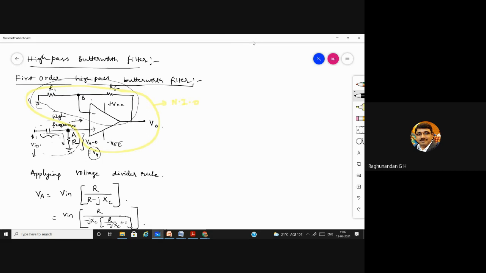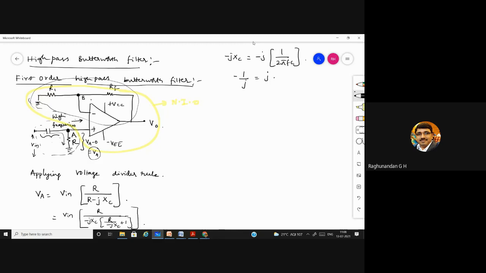Minus jXC can be written as minus j into 1 divided by 2 pi FC, as XC is equal to 1 by omega C. If it is minus 1 by j, then you can write it as j.